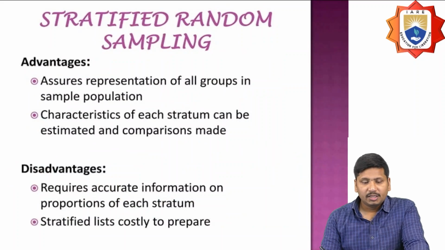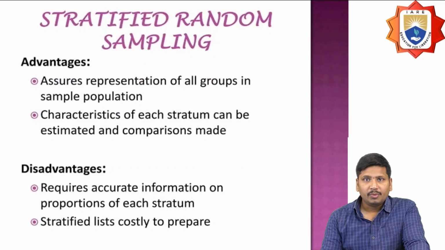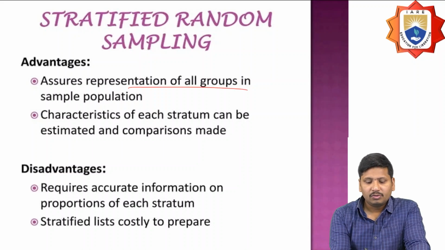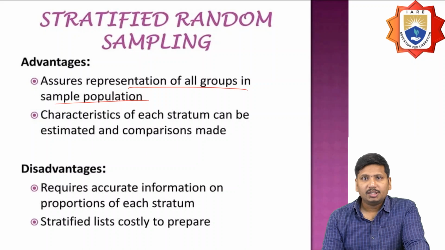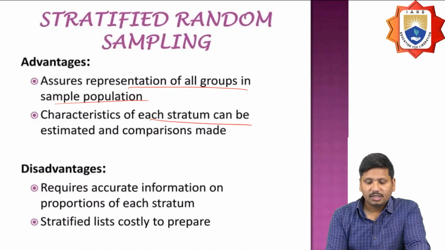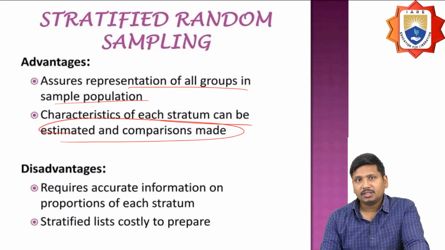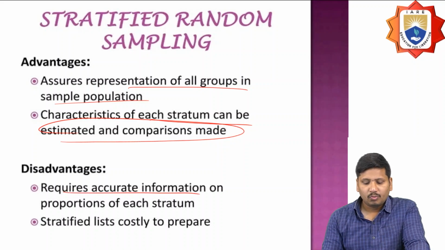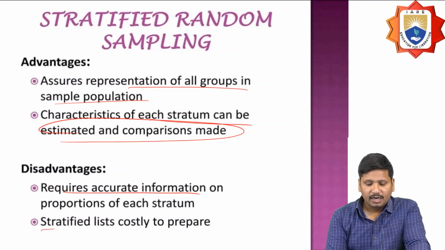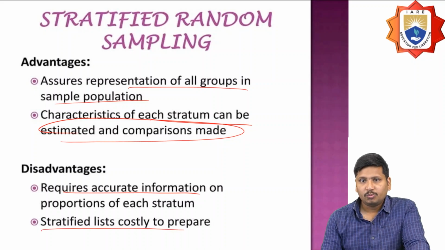So what are the advantages and disadvantages of this? The advantage is that it assures the representation of all groups in the sample population, and the characteristics of each stratum can be estimated and comparisons can be made. The disadvantage is that it requires accurate information on the proportions of each stratum, and the stratified list is costly to prepare.